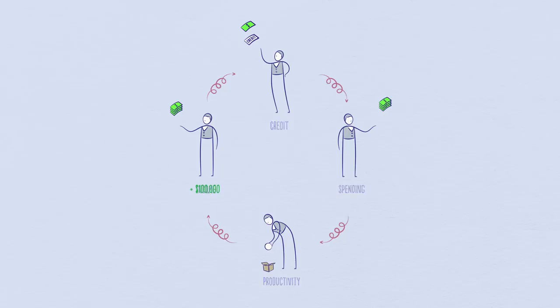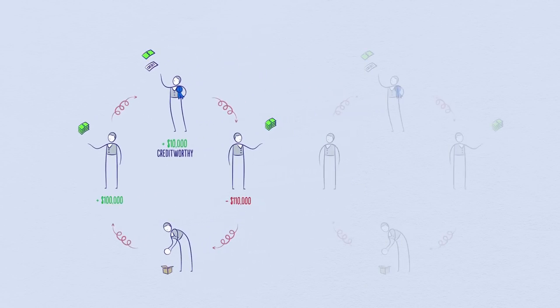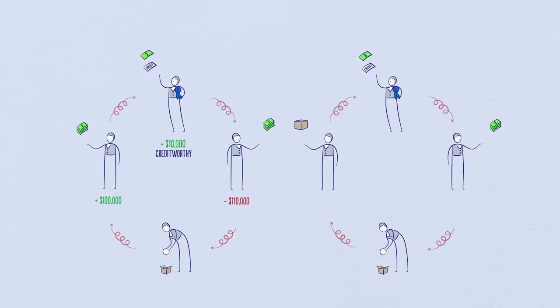Suppose you earn $100,000 a year and have no debt. You are creditworthy enough to borrow $10,000, say on a credit card. So you can spend $110,000 even though you only earn $100,000. Since your spending is another person's income, someone is earning $110,000.